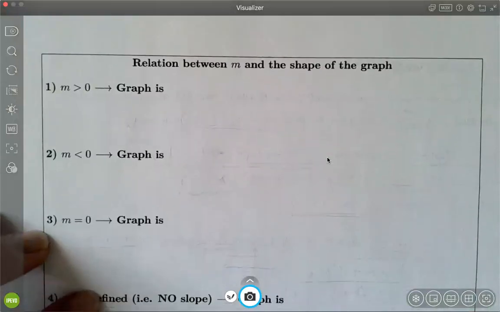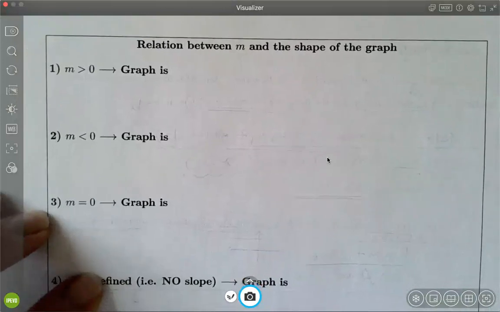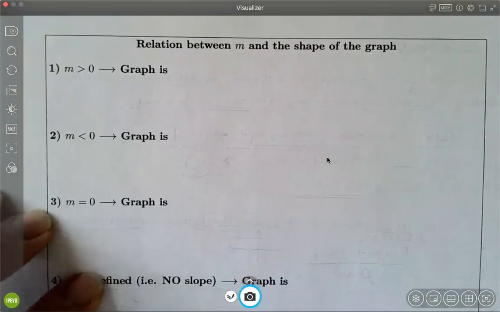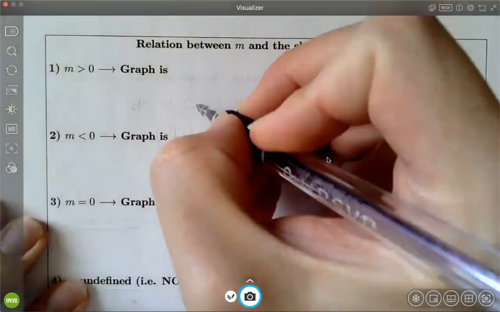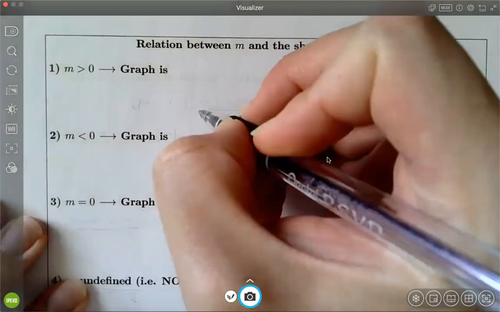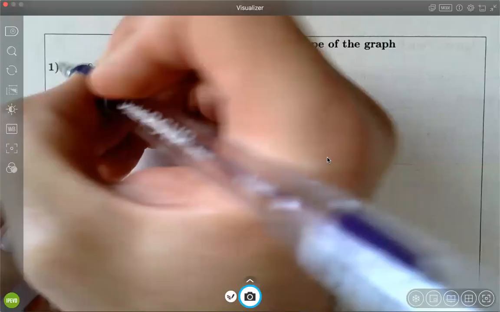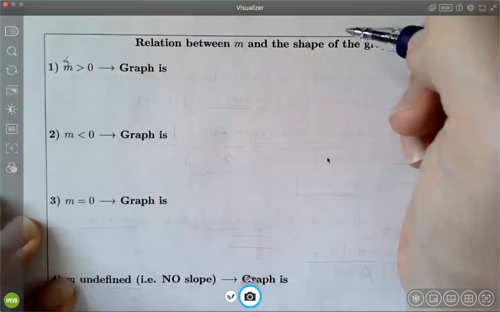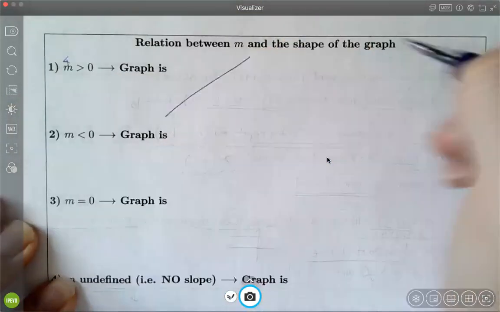Part one, the positive slope. For example, 4. How does the line look? It's an increasing line, right? Remember that?